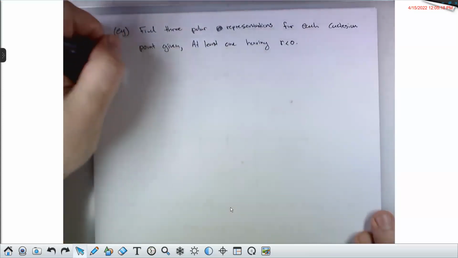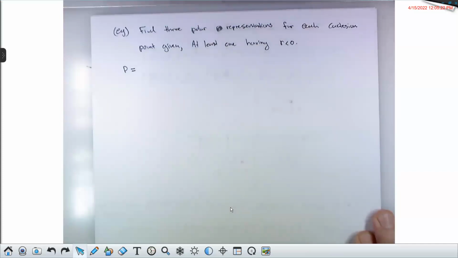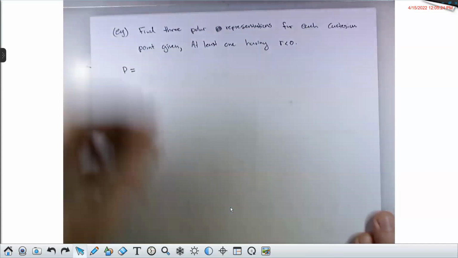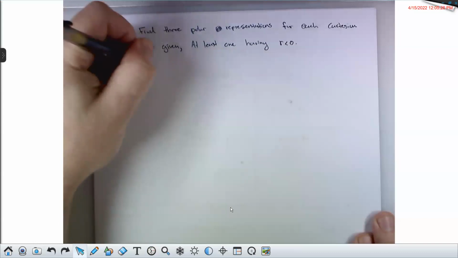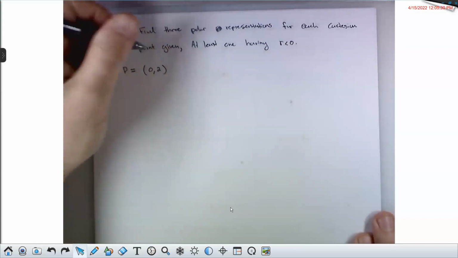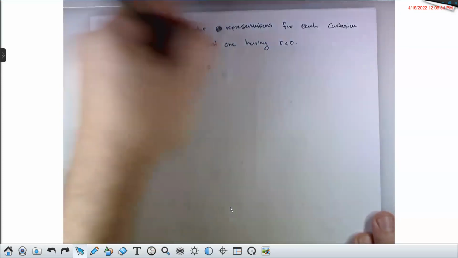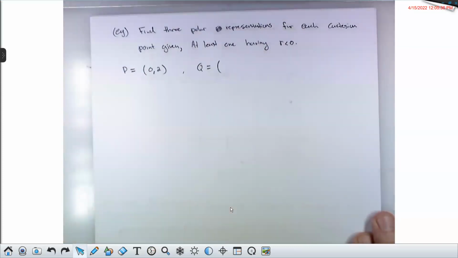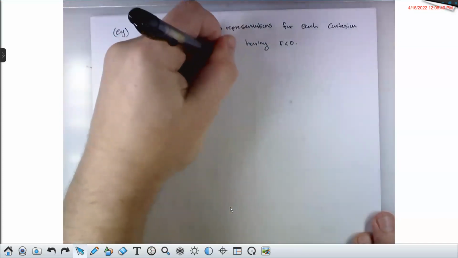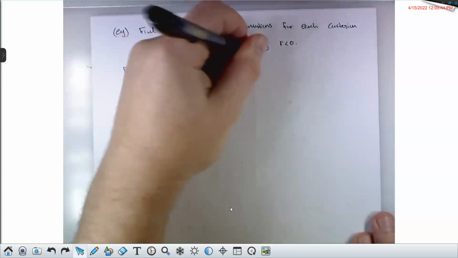So let me specify a few Cartesian points. Let's start with some relatively simple stuff like 0, 2. For Q, I could use negative root 2, negative root 2.